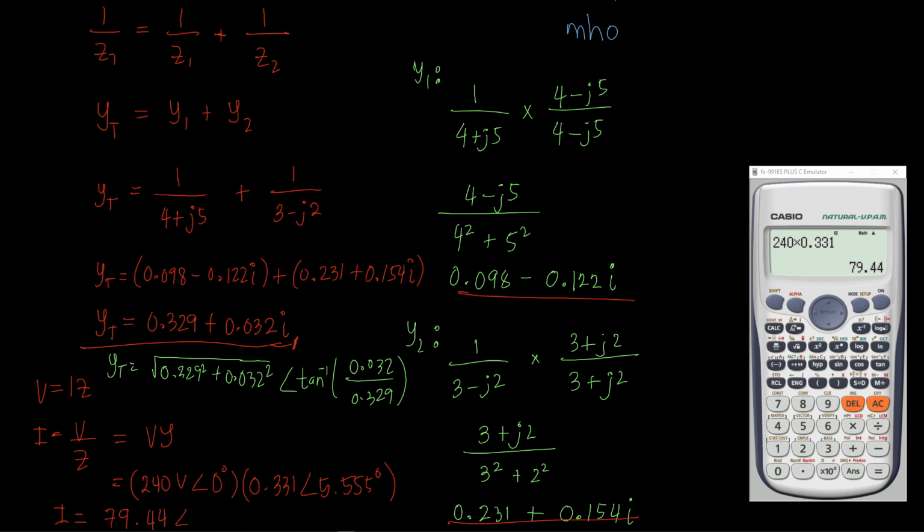So, 0 plus 5.555 is still 5.555 degrees. Ampere. Mao siya to ang answer.